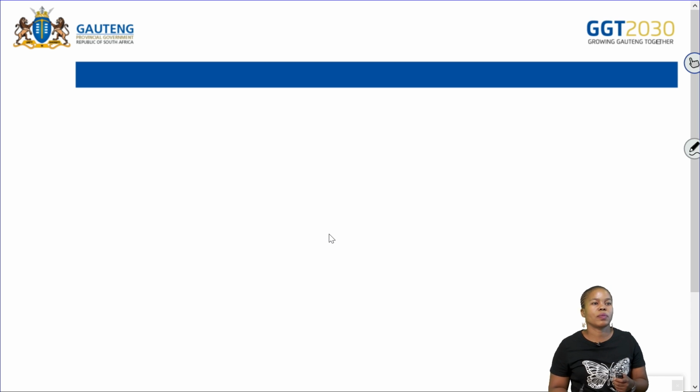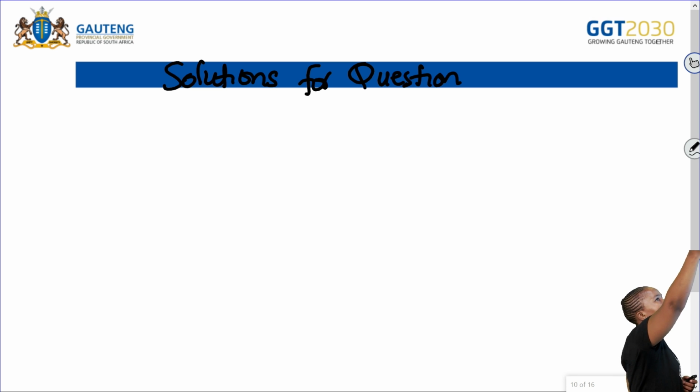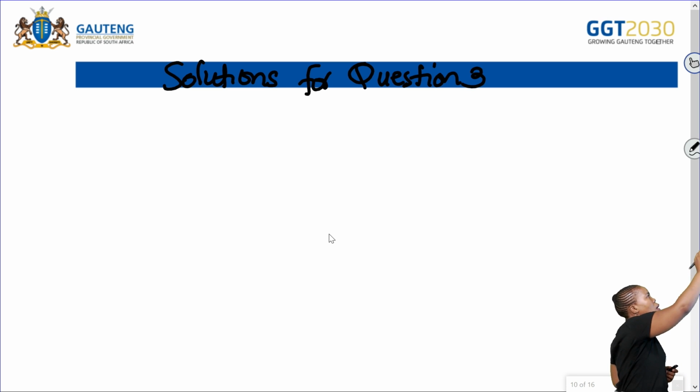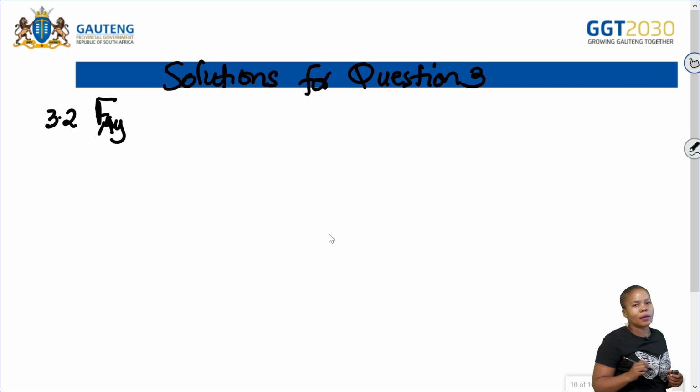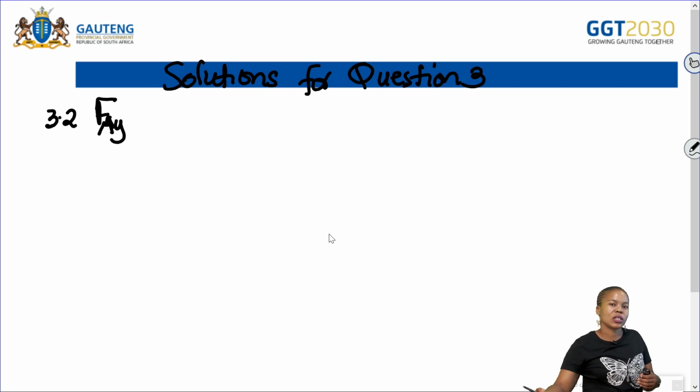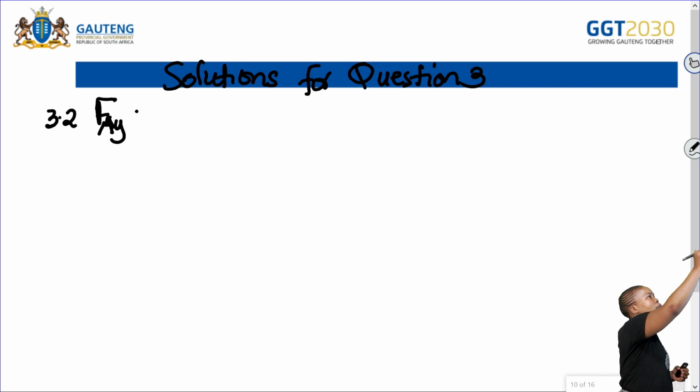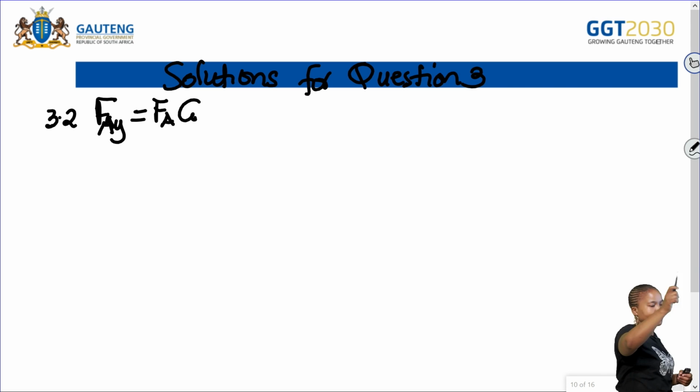So we are doing 3.2 right now, and we're going to say solution for question 3. So our 3.2, Fay. Why am I saying Fay? Because it's the applied force by Charles to the lawn roller, the grass cutting machine that he has. So it's Fa, then because we want to find Fy, it has to be sine theta.